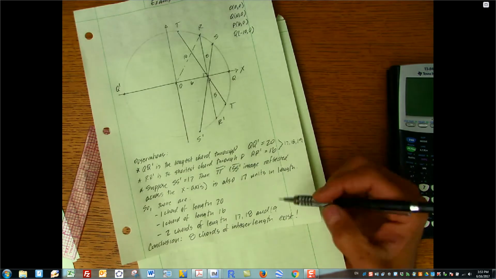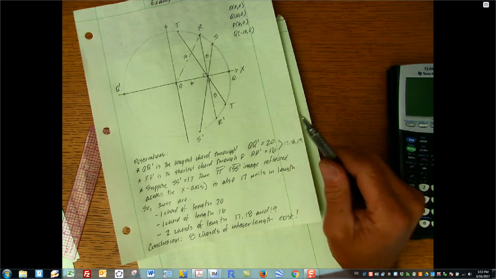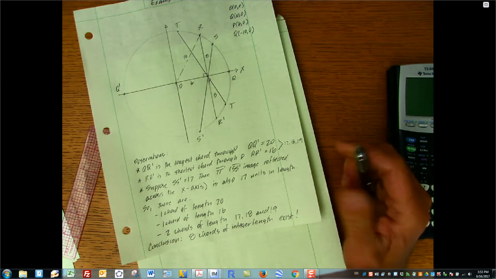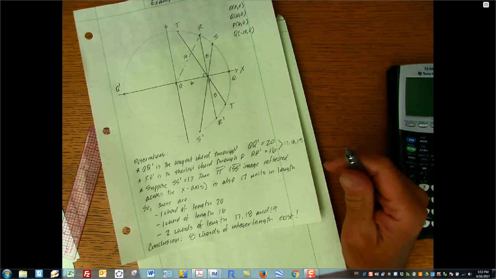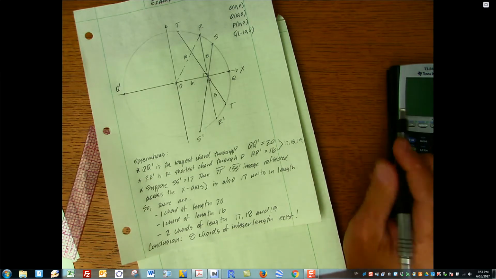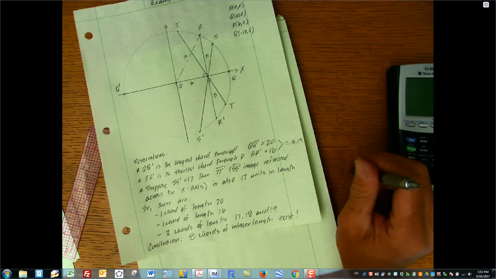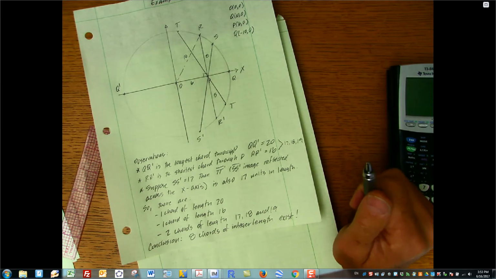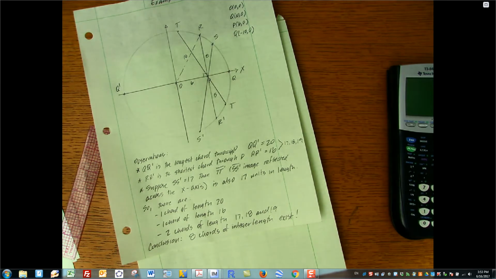So kind of an interesting result here. I picked this problem because I thought it was such a nice problem for highlighting all 3 of the geometries playing a role in the construction of the solution. So quite a bit going on here to find the 8 chords of integer length.